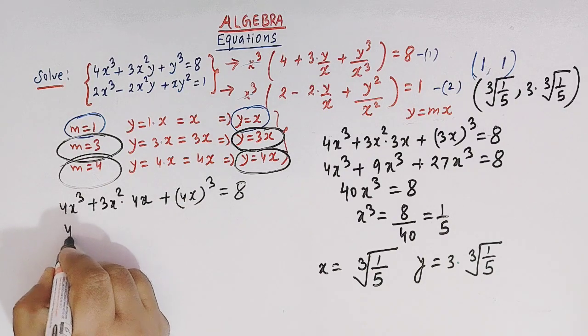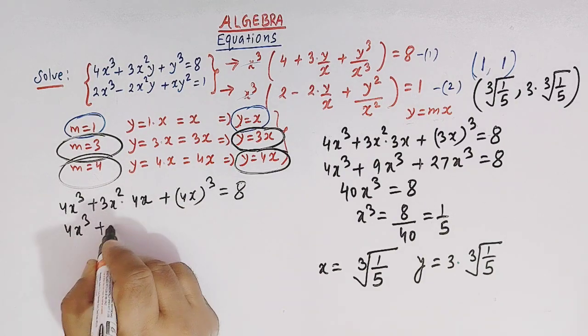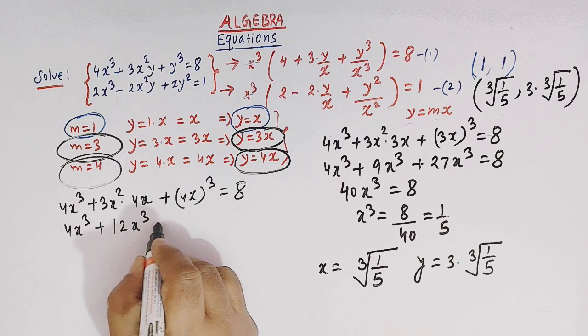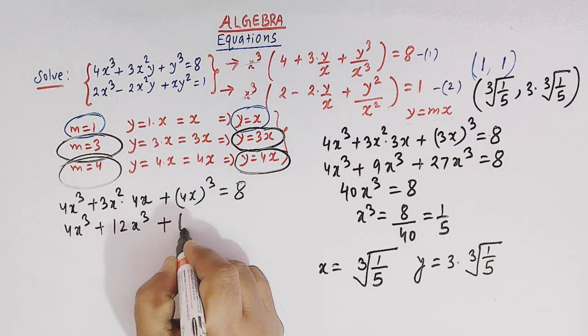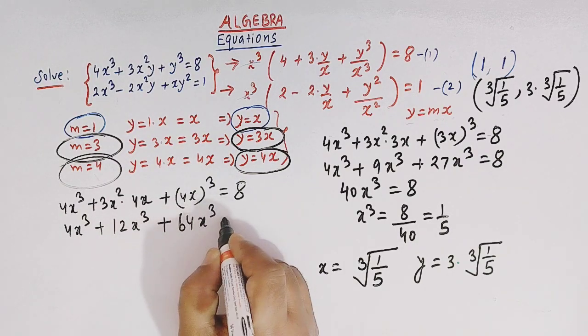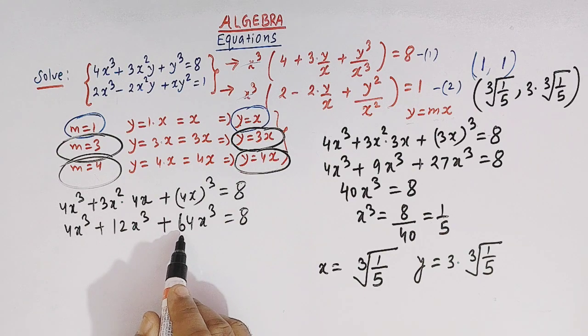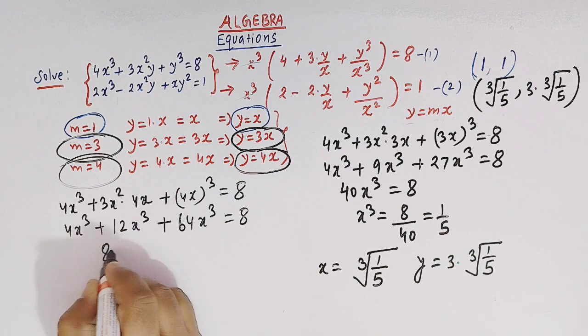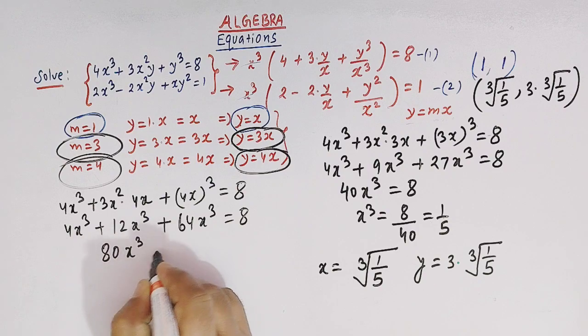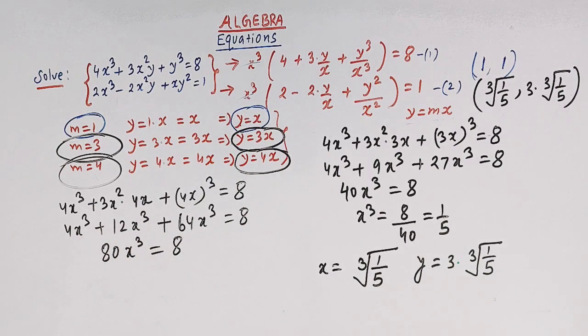So now we have 4x cube, then 12x cube, and here 64x cube equal to 8. So 12 plus 4 is 16, 16 plus 64 is 80, so we have 80x cube equal to 8.